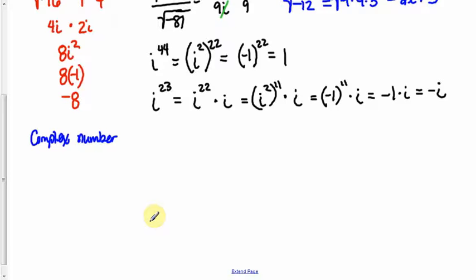So you have the set of real numbers, and then you have the set of imaginary numbers. Within your real numbers, you have rational numbers and irrational numbers. And then rational numbers have subsets.